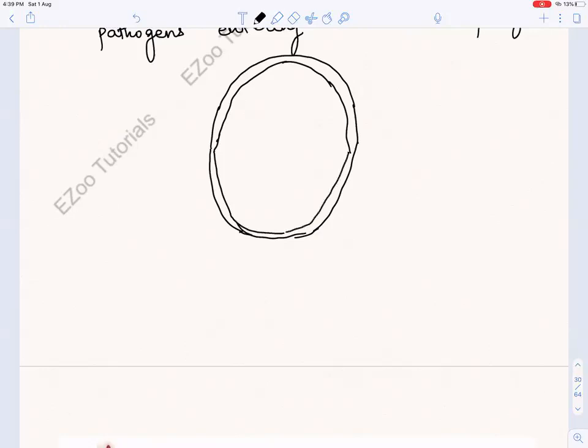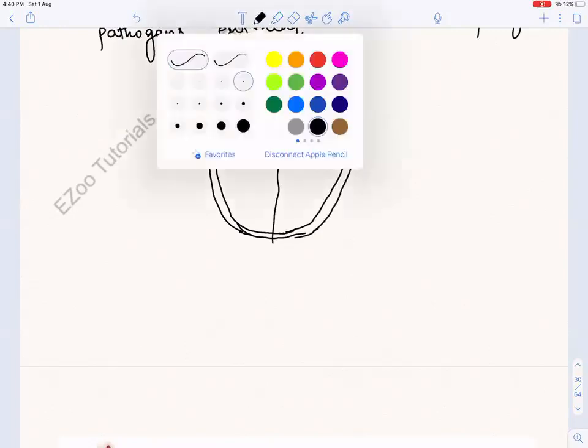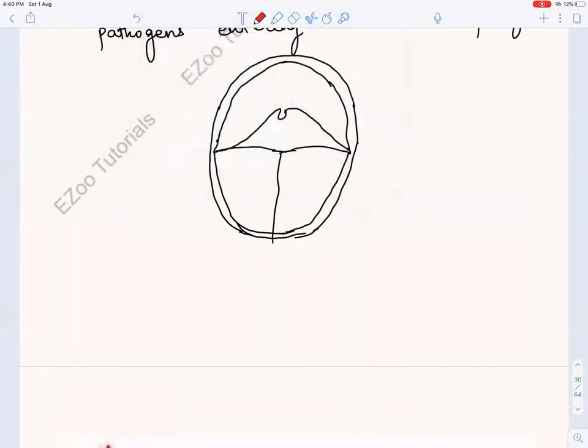Very nice understanding. And this is the tongue. Good. And this is the uvula. Now let us take a different color and draw it.